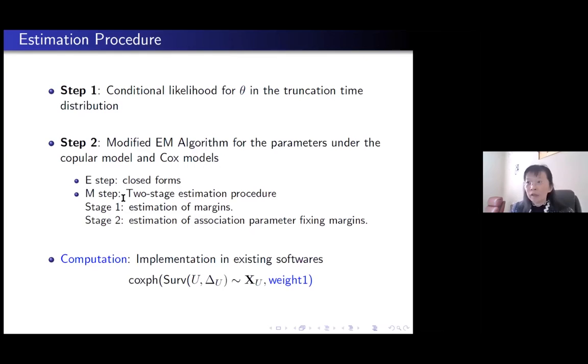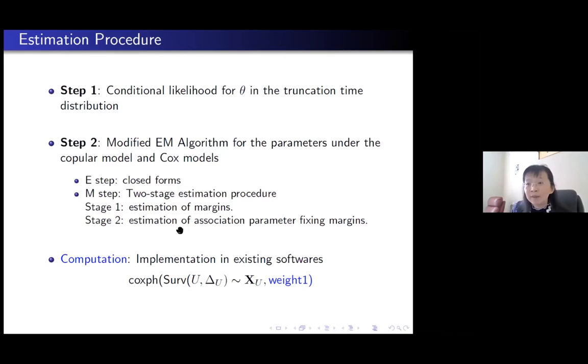Accordingly, our strategy is to use a two-stage method. In the first stage, we estimate the margin distributions under the Cox proportional hazards model. And in the second stage, we estimate the association parameter by fixing the margins from stage 1.